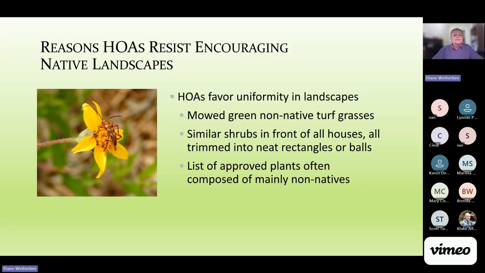They want to see similar shrubs in front of all the houses, all trimmed into their neat little rectangles or neat little balls. And HOAs will often have lists of approved plants, and they're often made up mainly of non-natives because that's what the developer or their landscaper knows. They're most familiar with that, although that's changing.